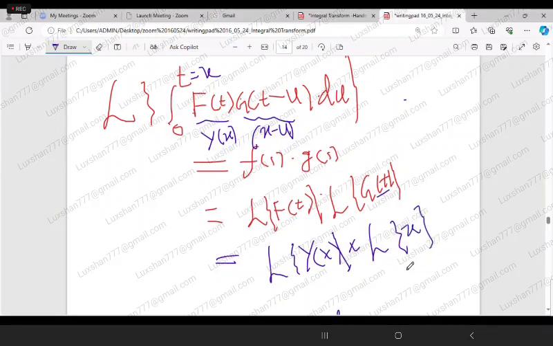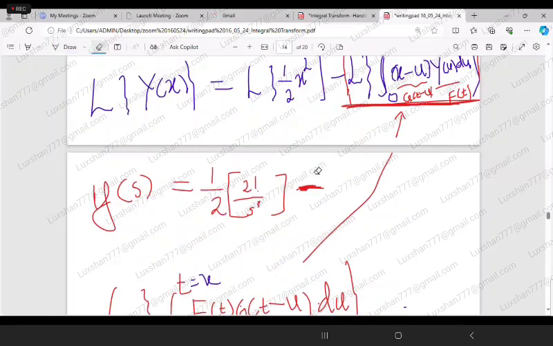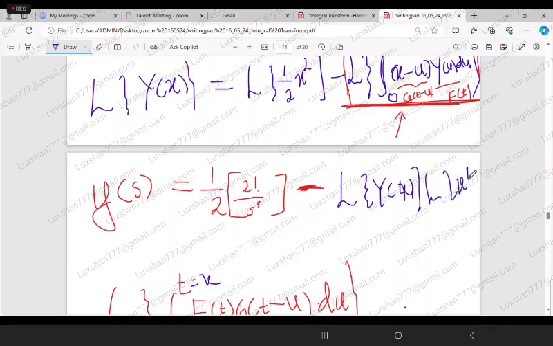You understand? Do you understand this one? Yes, sir. Okay, fine. So that is nothing but the Laplace transform of y(x) into the Laplace transform of x. Therefore, this is the Laplace transform of capital Y(x) into the Laplace transform of x, as I explained.